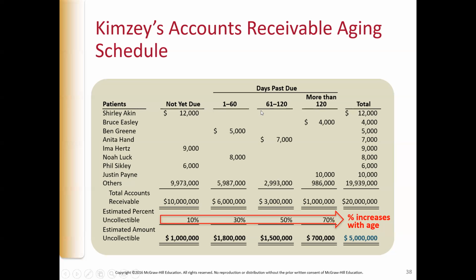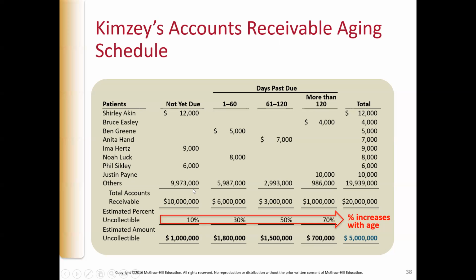Those that are 61 to 120 days old, our history says 50% of these aren't going to be collected. Based on those that are between 1 and 60 days old, 30% aren't going to be collected. And those that aren't even yet due, we still know we're not going to get everything. So we're going to say 10%. So what this method does is, based on their history, they've come up with a formula. And you see this formula increases with the age of the receivable. As they get older, it's going to be harder to collect.